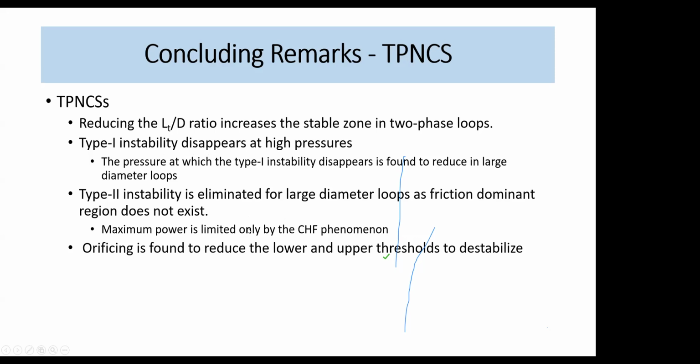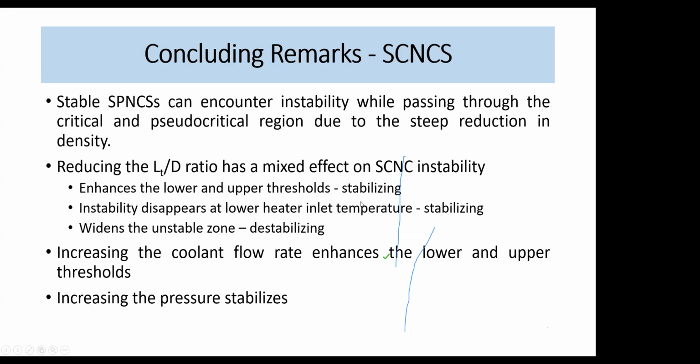And most of the pressure tube type natural circulation boilers which are used in thermal power plants typically use about 2-inch pipe, and in that case you do not actually observe this type 2 instability.